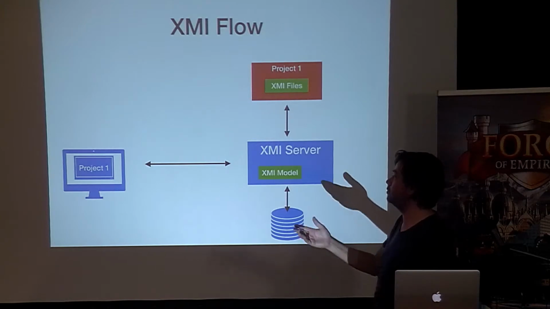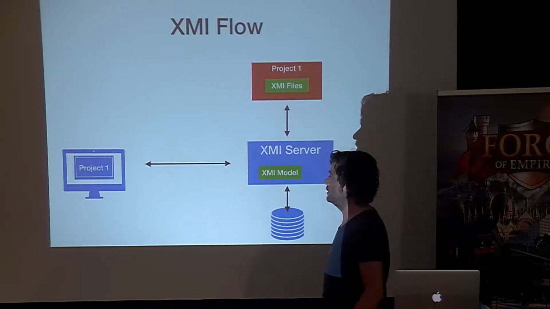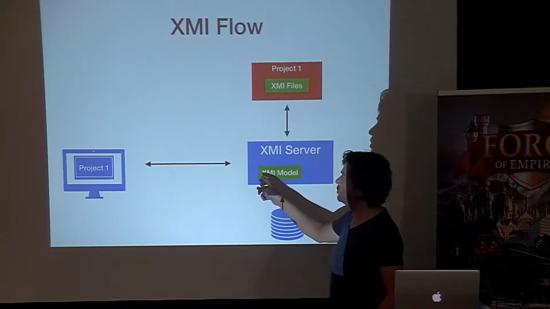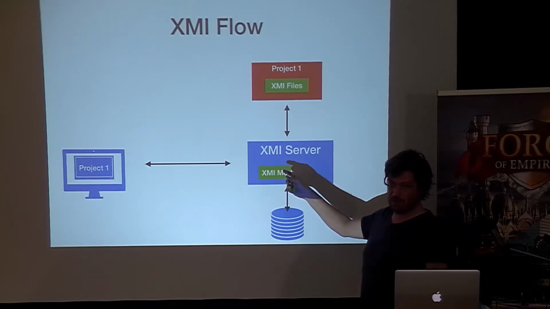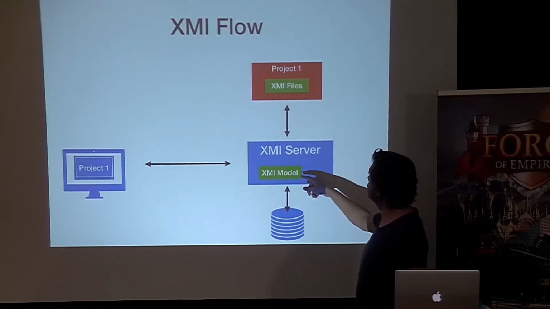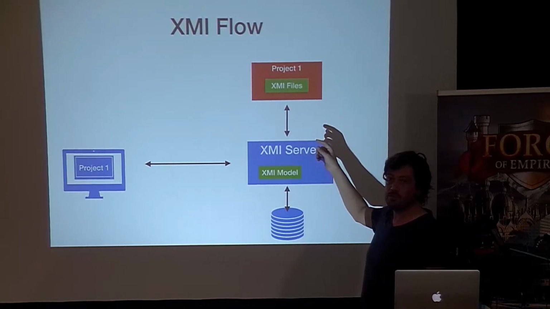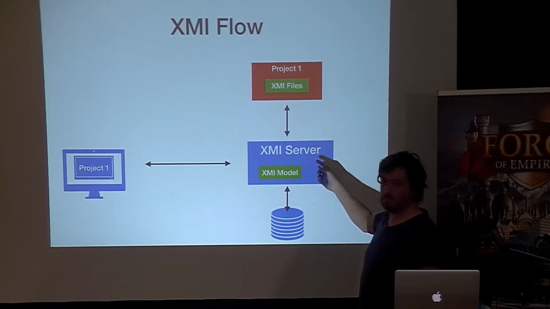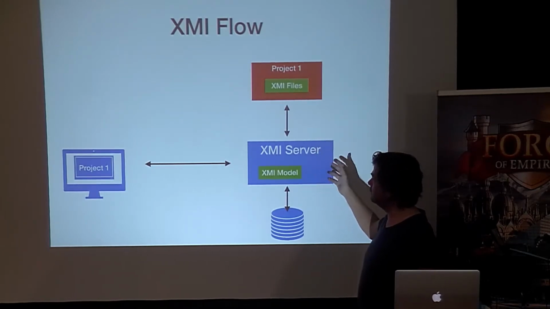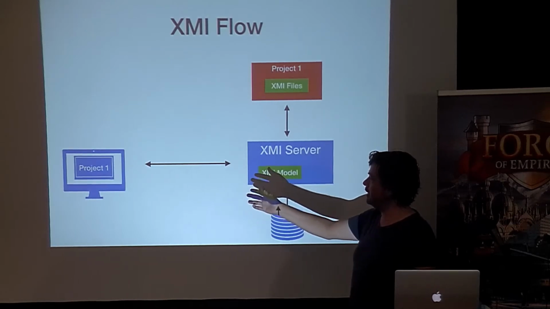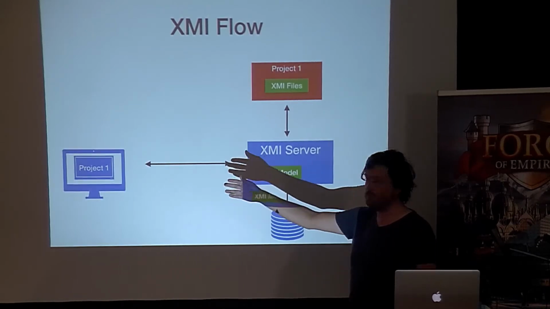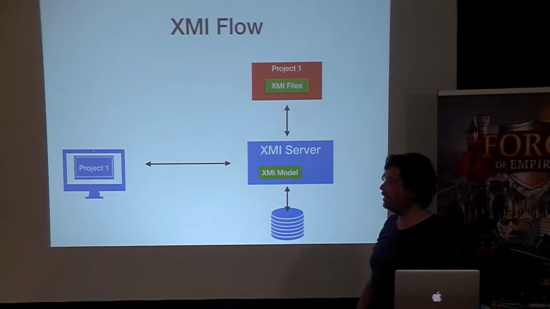It says you're project 1. So the first thing that's done is it tells the server, I'm project 1, I need to know what my structure is. The server will read out the XML files, make a runtime representation of it, and give the XML of the runtime representation back to the client.